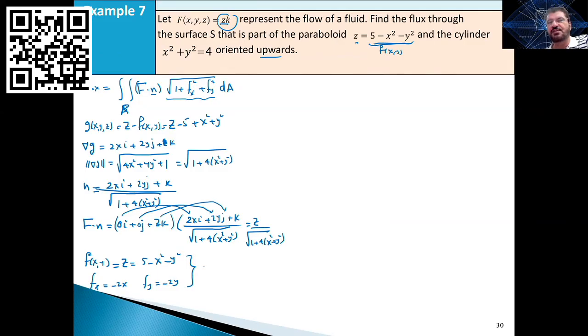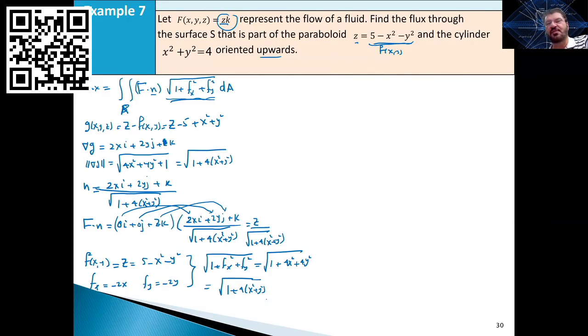So from all of this, we get that the square root of 1 plus fx squared plus fy squared is nothing but the square root of 1 plus 4x squared plus 4y squared, which is equal to the square root of 1 plus 4 times x squared plus y squared.